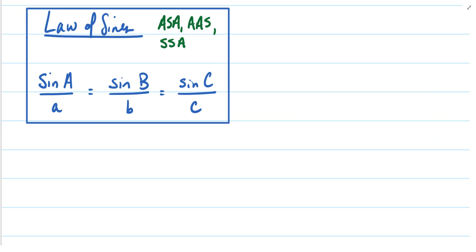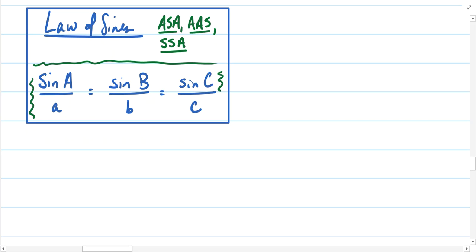The law of sines, which can be used with ASA, AAS, and SSA triangles, is written this way. We're essentially saying that the ratio of the sine function evaluated at an angle measure divided by the opposite side's length is equivalent across all of those combinations.